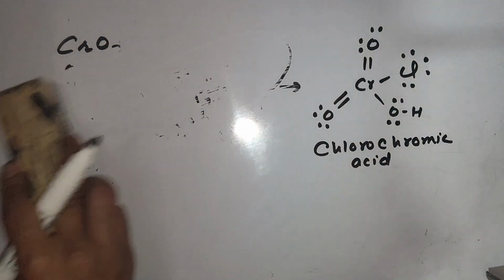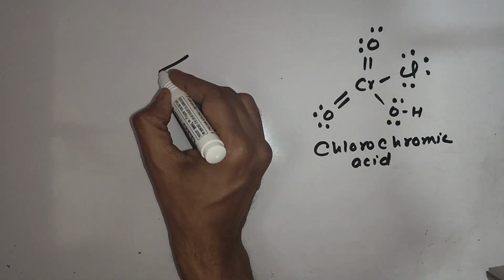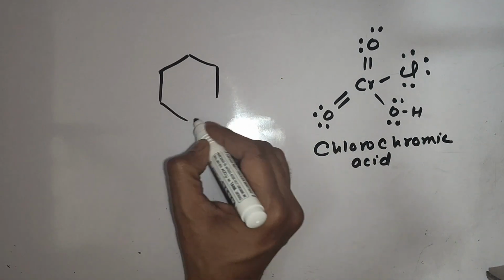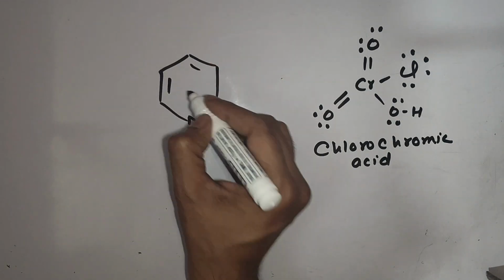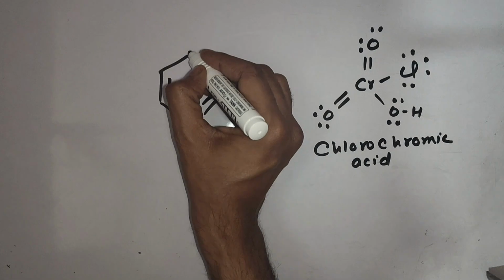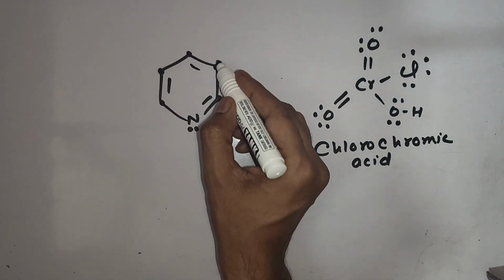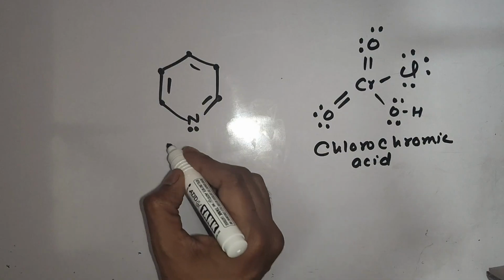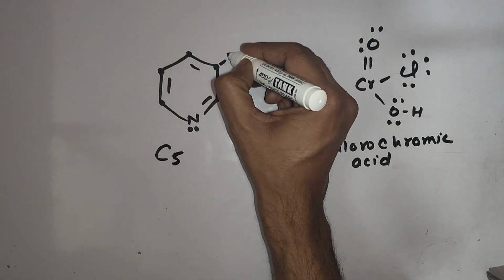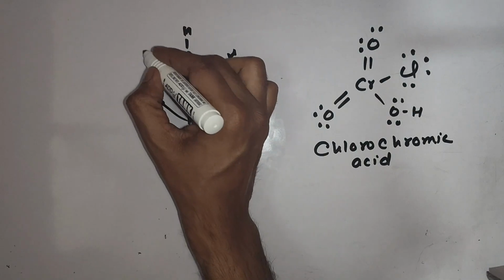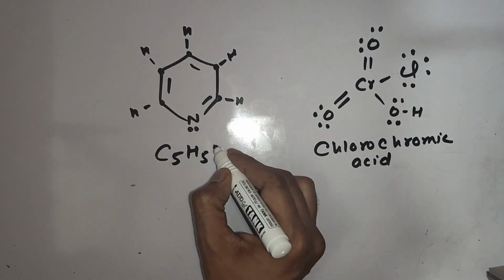What is pyridine? It's a colorless liquid whose formula is this. 5 carbons. 1, 2, 3, 4, 5. C5, 5 hydrogens are there, H5, and nitrogen is there.